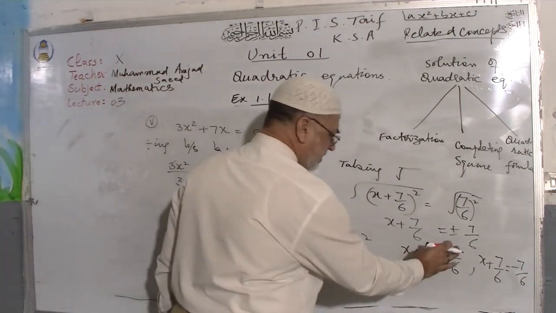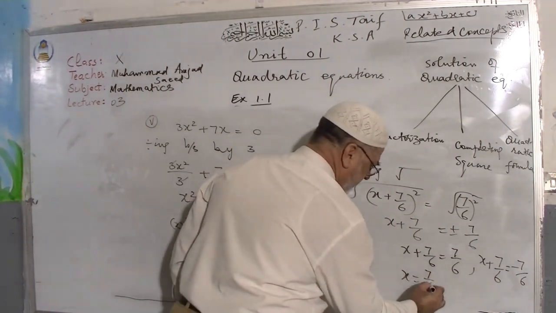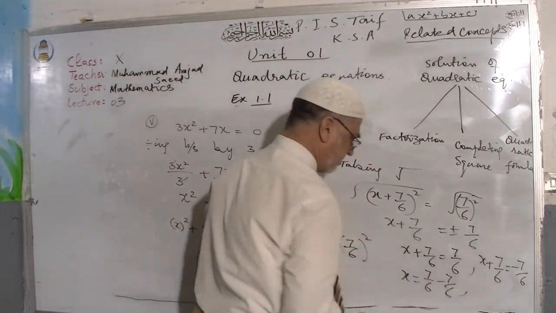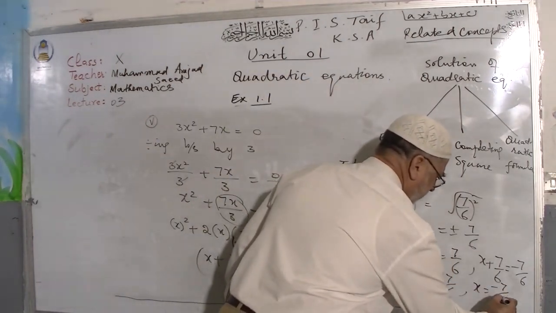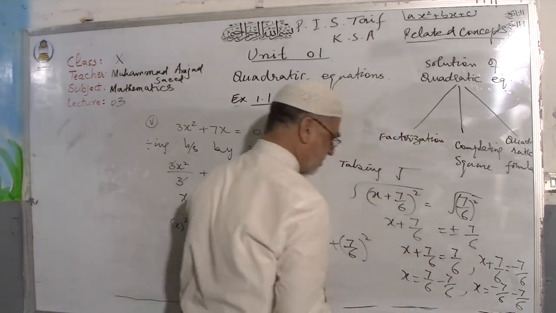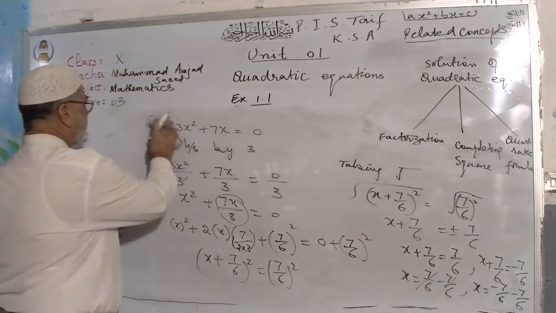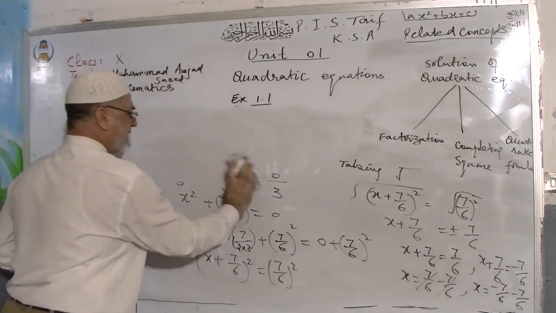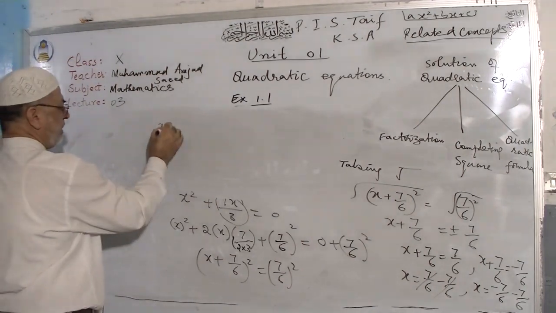Bring this 7 over 6 to the right hand side. That will be 7 over 6 minus 7 over 6. Bring this to the right hand side: x is equal to minus 7 over 6 minus 7 over 6. They are cancelled out. We are left with x is equal to 0.